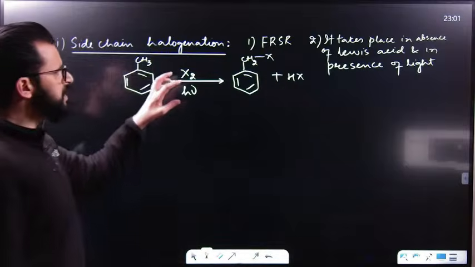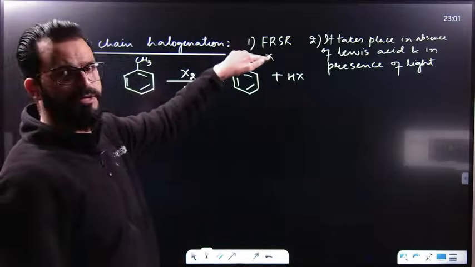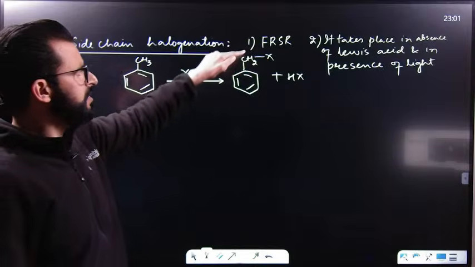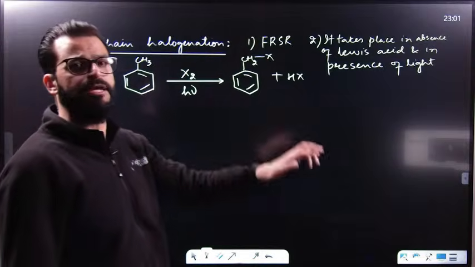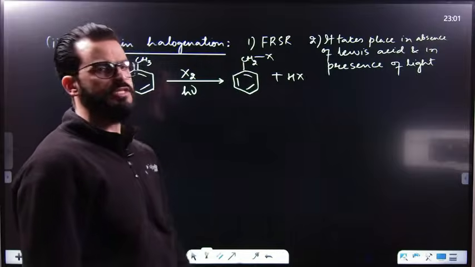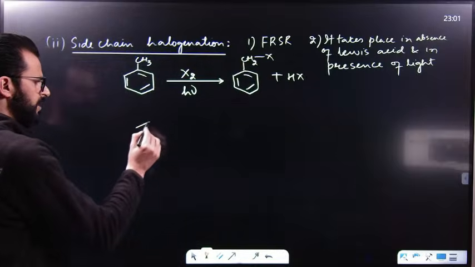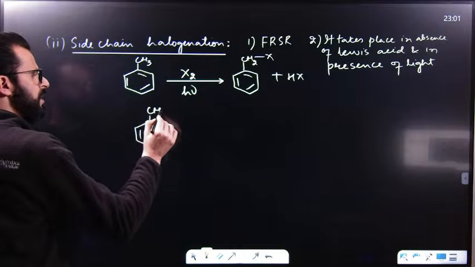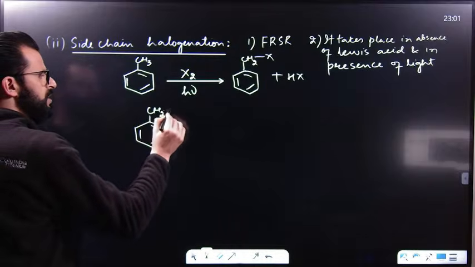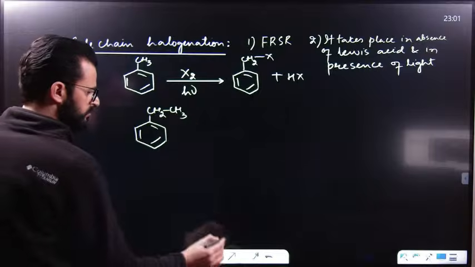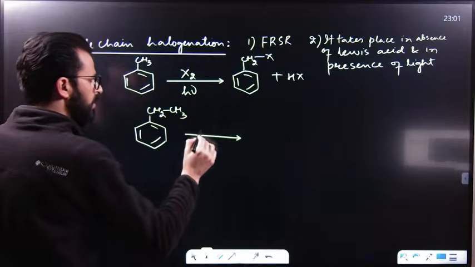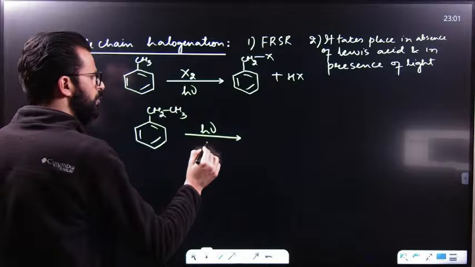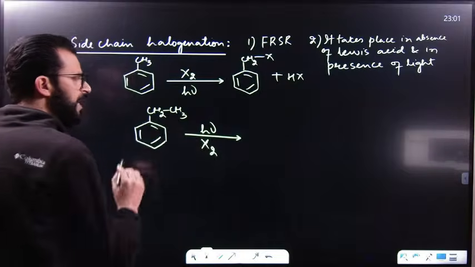If halogen is taken in excess, then another hydrogen will be replaced by X, then after that another hydrogen will be replaced by X, so all the hydrogens will be replaced by X. Similarly, if we write down CH2CH3, as this is a free radical substitution reaction, we know free radicals will be formed.